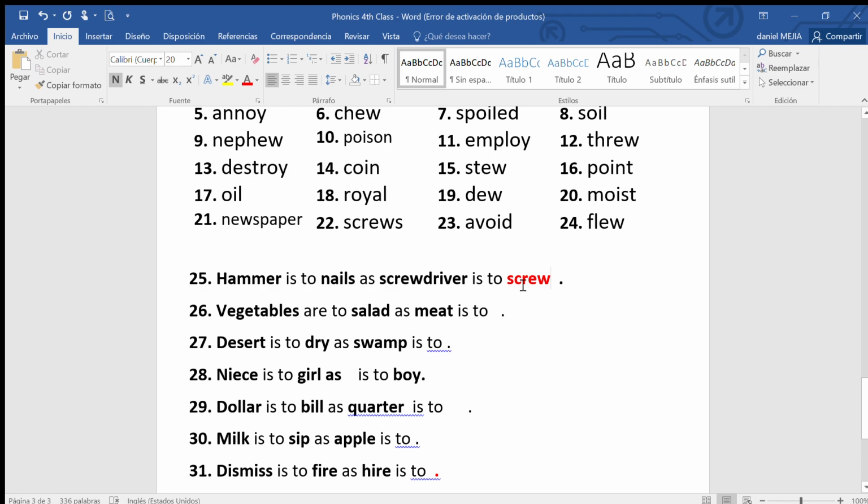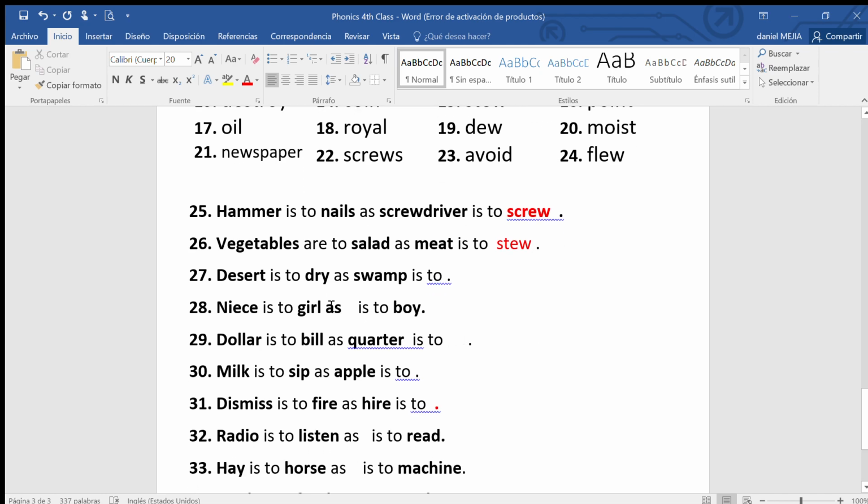Good. Vegetables are to salad, as meat is to... Remember, what do we use meat for? For a stew. Desert is to dry, as swamp is to moist.